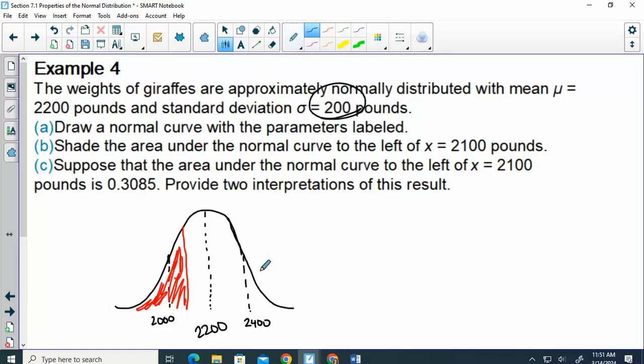Part C says suppose that that area is 0.3085. Provide two interpretations of this result. Okay, so we're writing two sentences. What does that mean? This is the weights of giraffes. So it could mean, if we're looking at all of our giraffes, 30.85% had a weight less than or equal to 2,100 pounds.